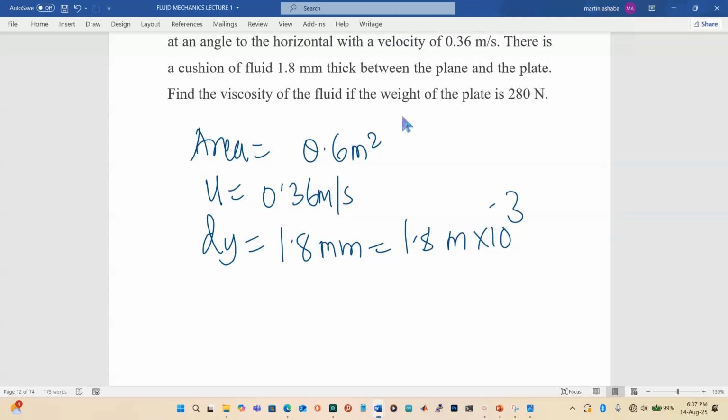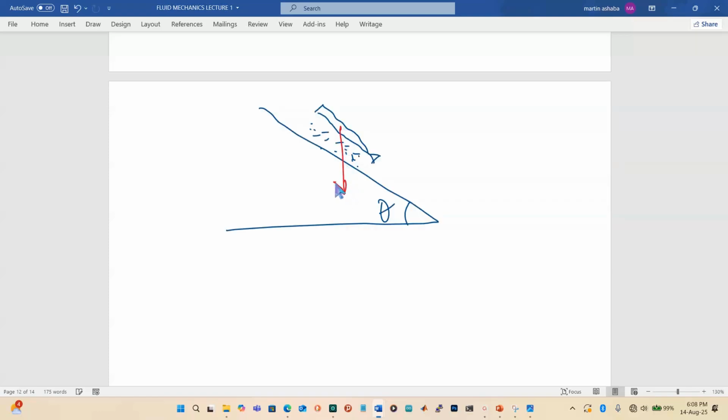Now the force, if the weight of the plate is 280 newtons. So let's draw that. This is the weight of the plate, weight W, and obviously this is what we call W cos theta, and this is W sin theta.